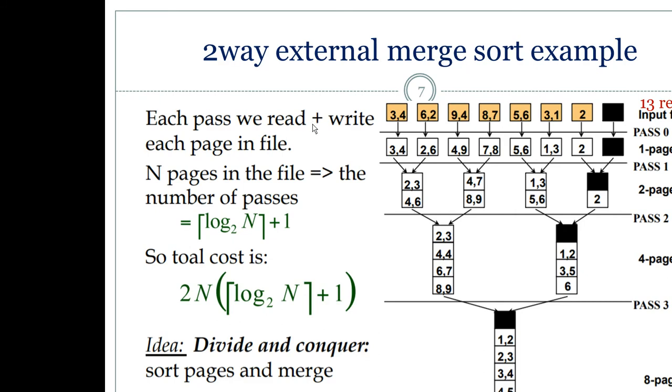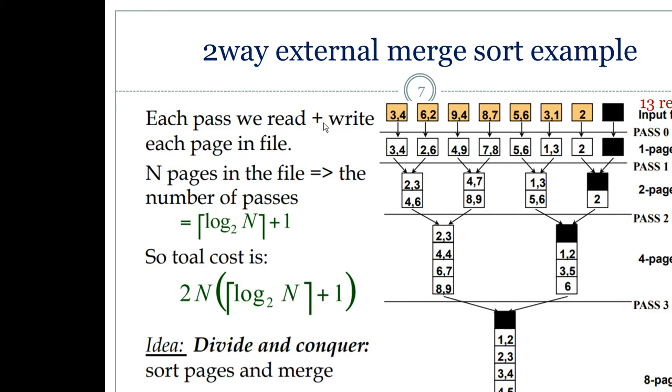Next time, the first record 3 and 6 will be considered, 3 is smaller, so that will be written onto the output buffer. Now as this output buffer has two records, it means the output buffer is full and that will be written back onto secondary memory.